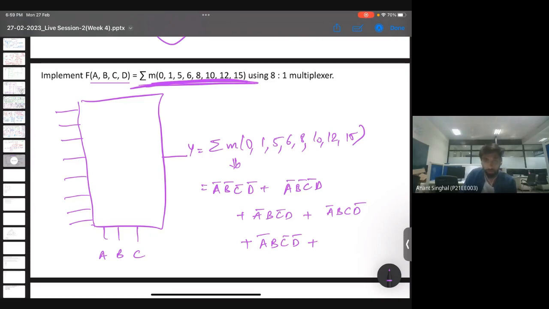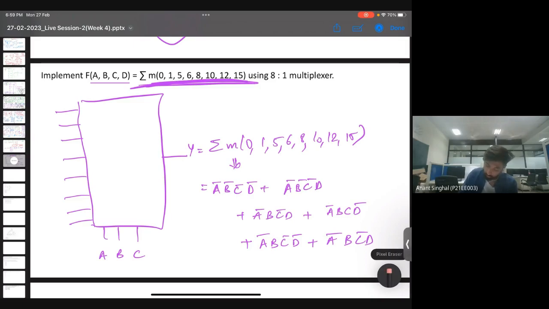Then 10 will be, I hope it is clear what I'm doing right now. So 10 is nothing but 8 plus 2. So it will be 0, 1, 0, 1. It was 5, it was 6, then it was 8. So 10, 8 plus 2.